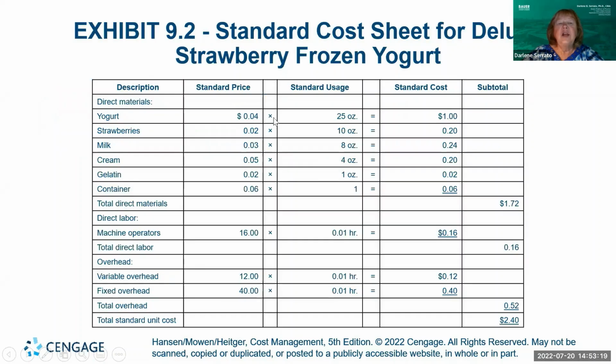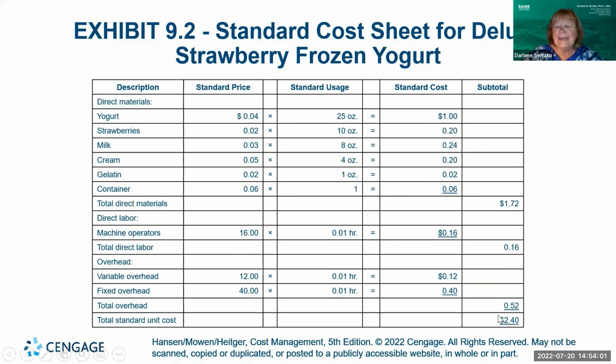So we have a standard cost sheet. Here we are making yogurt, frozen yogurt. You have multiple material inputs. You have only one type of direct labor, which is machine operators. You have variable overhead and fixed overhead. So in doing these, we are looking at the standard cost per unit, which is the standard price for that particular input times the usage of that particular input gives you the standard cost.